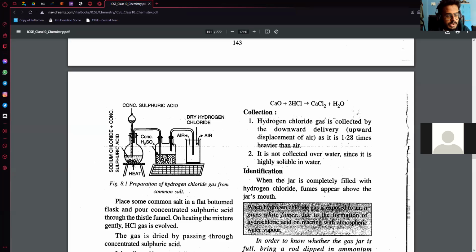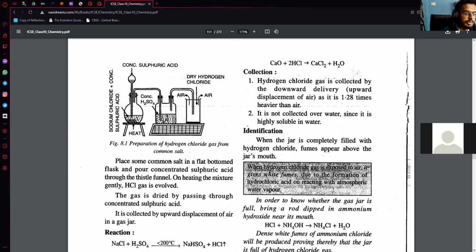It'll go through this tube and get collected by the upward displacement of air in this tube, right? So the reason why we pass HCl through concentrated sulfuric acid is because it is a good drying agent, right? It can dehydrate, it can remove water efficiently from HCl gas, right?